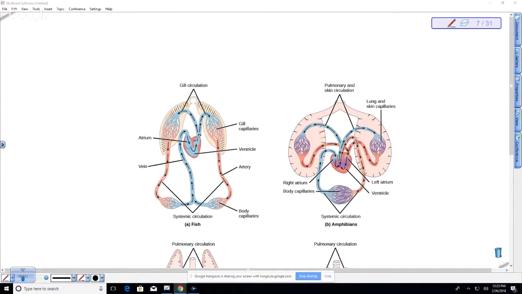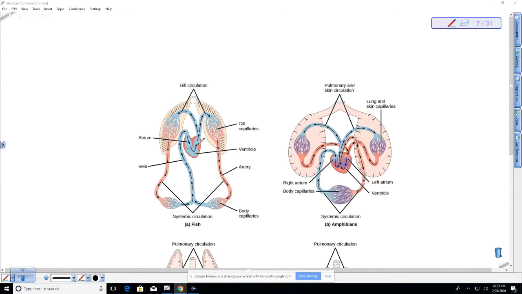So this one goes out to the gills and then out to the body and then back to the heart. This one goes out to the lungs, back to the heart, out to the body, and then back to the heart. What's the advantage of that? Higher blood pressure, right?